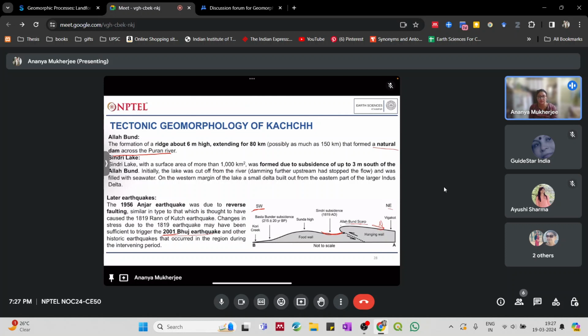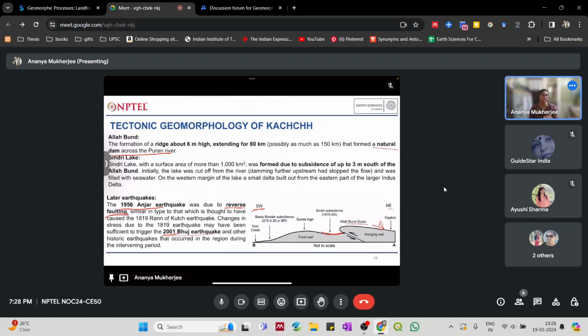And obviously there was another earthquake in 1956 called the Anjar earthquake, and this was due to reverse faulting that was caused by the 1819 Rann of Kutch earthquake.